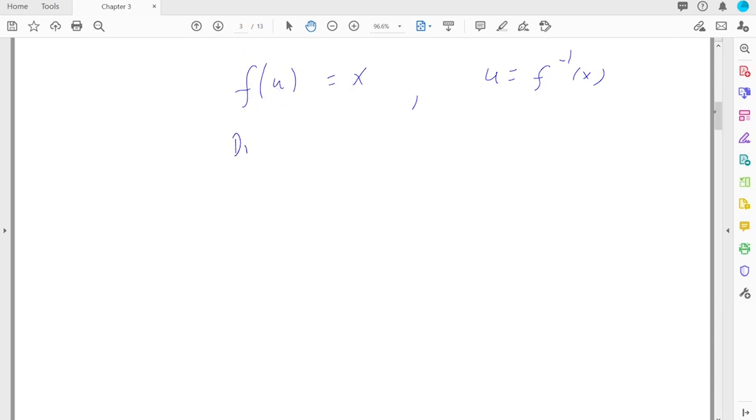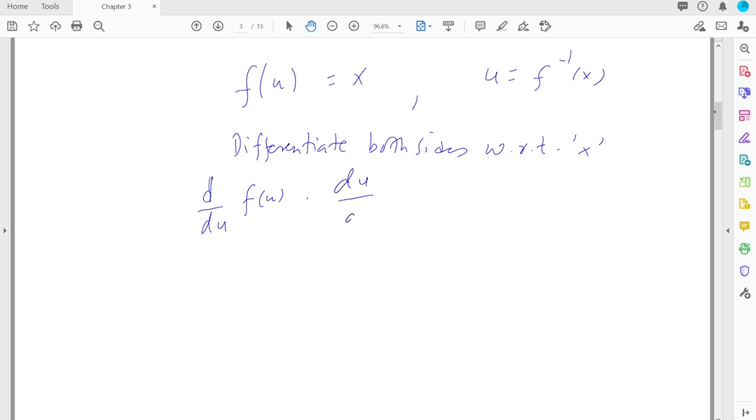Let's differentiate both sides with respect to x. Using the chain rule, I can differentiate this function of u with respect to u, times the derivative of u with respect to x on the left side, and on the right side the derivative of x with respect to x is 1.